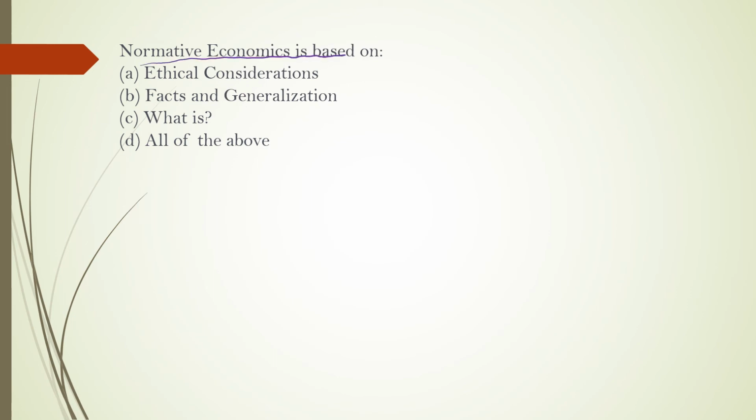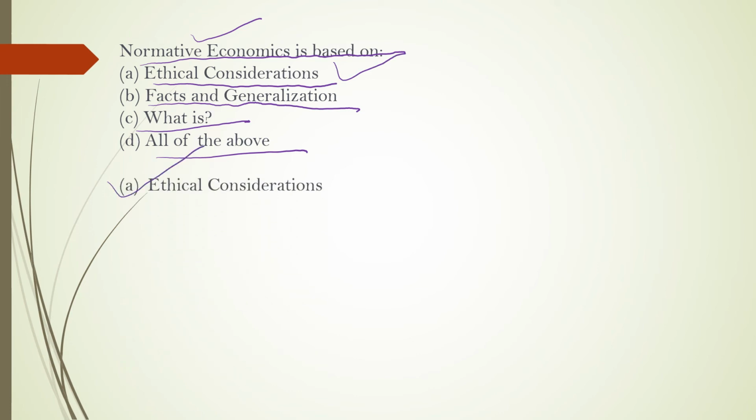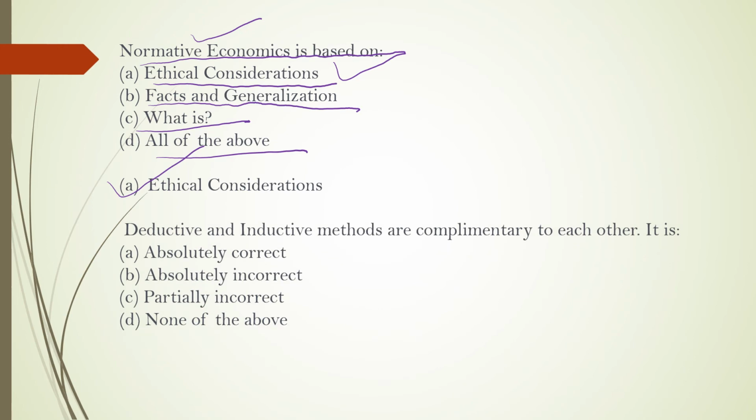Normative economics is based on ethical considerations, facts and generations. What is all of the above? Normative economics explains us what should be done and what should not be done by considering the moral importance or ethical value. So the right answer is ethical considerations. Deductive and inductive methods are complementary to each other. Is it absolutely correct? Absolutely incorrect?